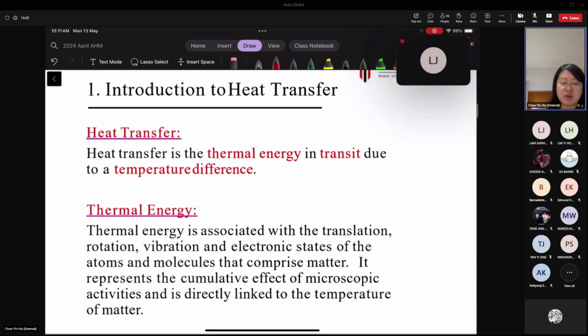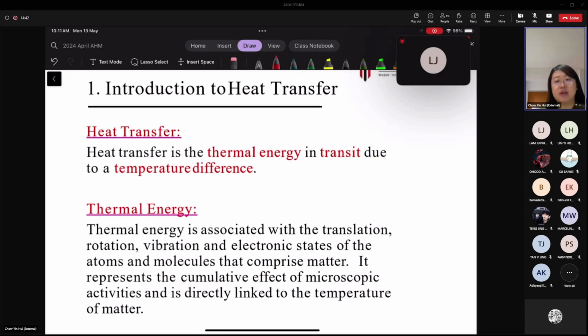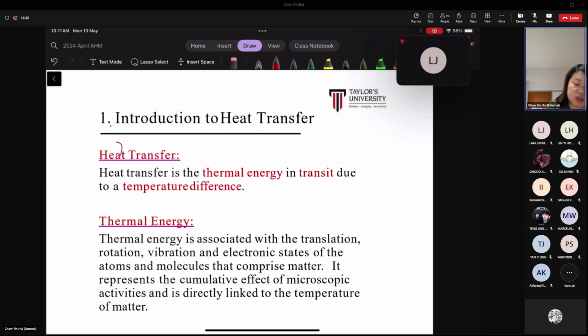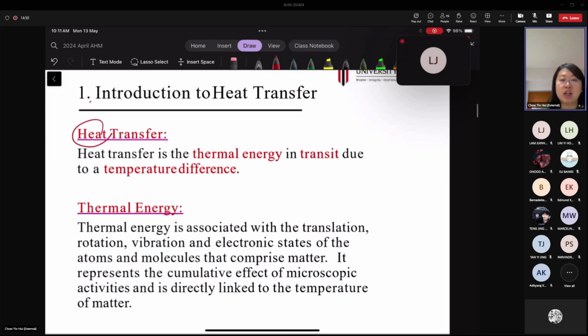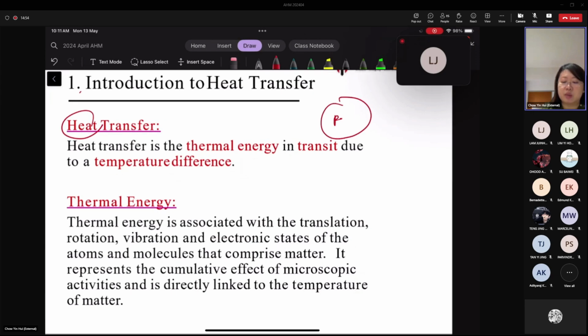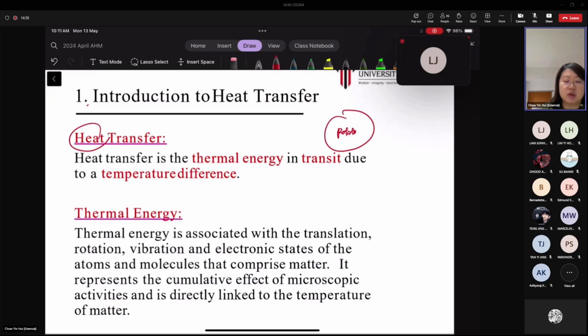So what is heat transfer? You have to remember heat transfer and thermal energy are two different things. When we talk about heat transfer, it's a form of energy in transition. For example, the baked potato, let's say it's just hot out from the oven at 120 degrees Celsius, and your environment is 25 degrees Celsius, you want to cool it.